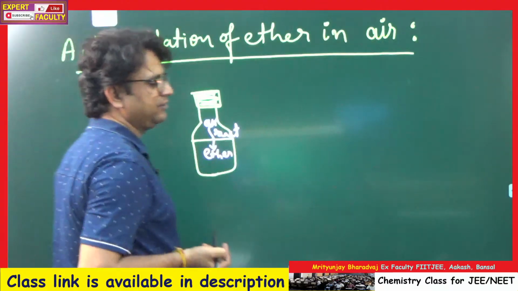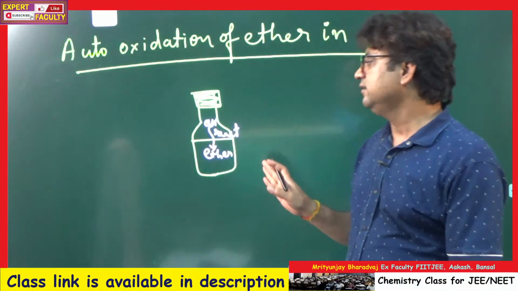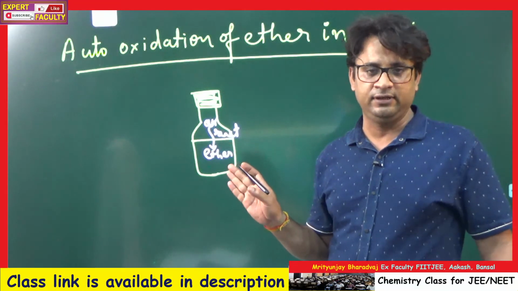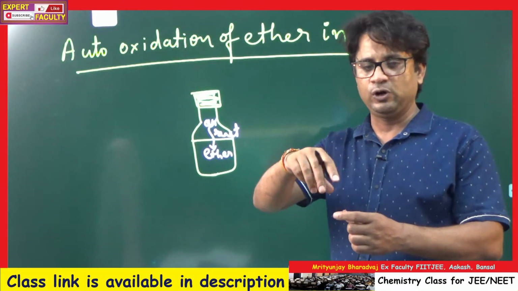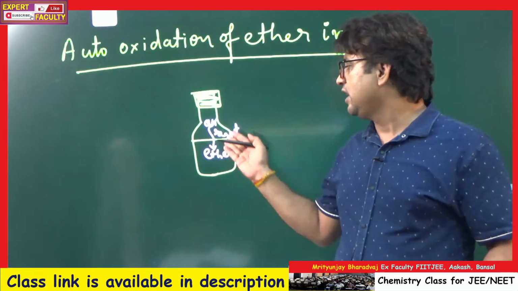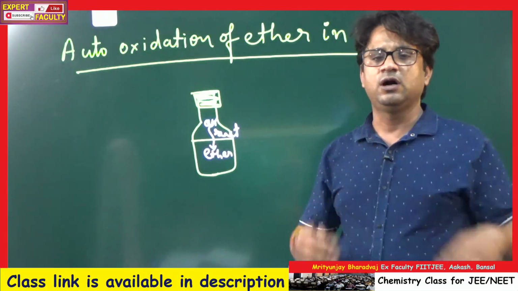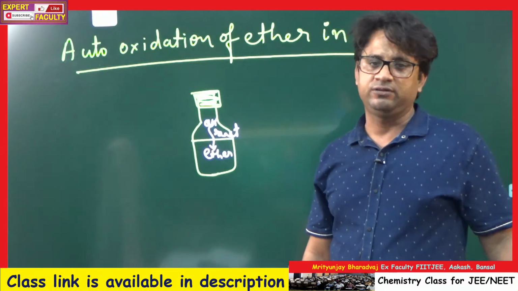The reaction is very simple, but it produces harmful gases. And when someone opens the bottle, generally we open the bottle like this, those harmful gases will come into the breath of the person.